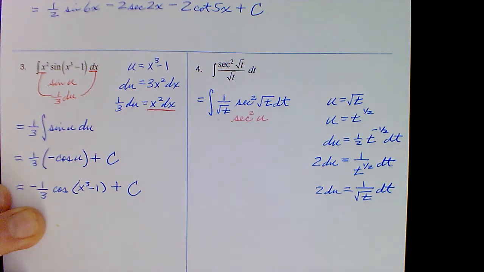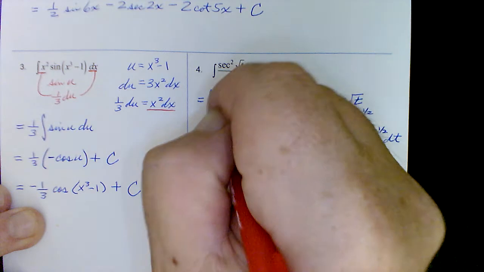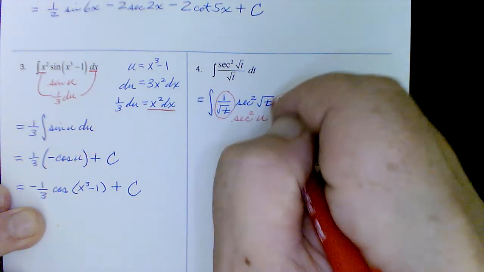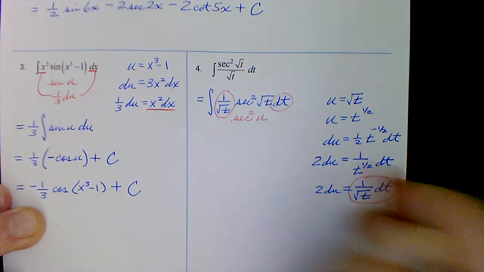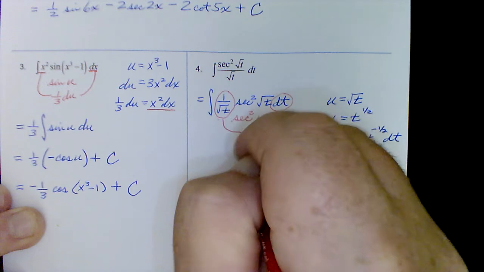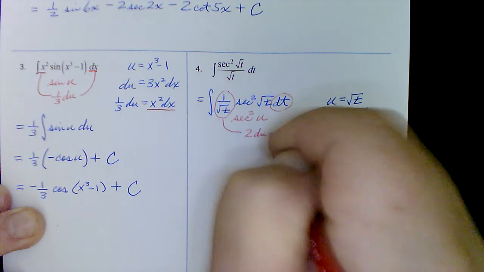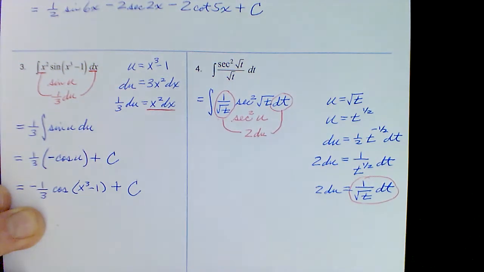And then looking back at the integral, we look at the leftovers, the 1 over the square root of t and the differential dt, compare them to our du, and we see they match. That is, they make up 2 du. And so all factors of the integrand are accounted for.